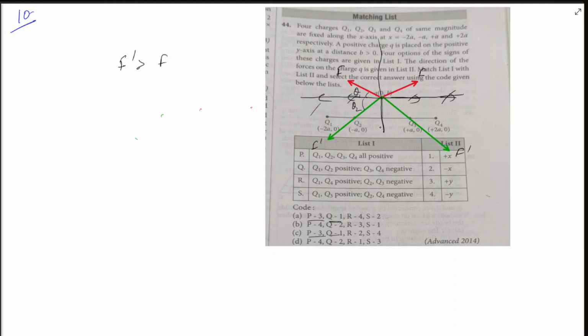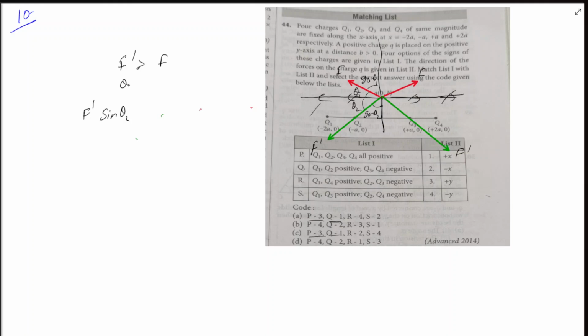Let's resolve the components in the y direction, because x will again get cancelled out. It will be only y. So for F dash, this is Q2, so the angle will be 90 minus theta 2, and this is 90 minus theta 1, right? So the component of F dash in the y direction will be F dash sine theta 2.